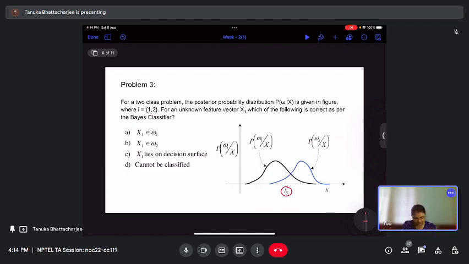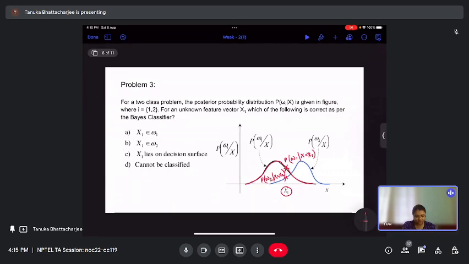Now we have to say, if we are using a Bayes classifier, what will be the classification result for x1. As you can see, this is the posterior probability distribution for omega 1. So for x1, this is P of omega 1 given x equal to x1, the posterior probability value. And for the class omega 2, this is the corresponding posterior probability value, P of omega 2 given x equal to x1.